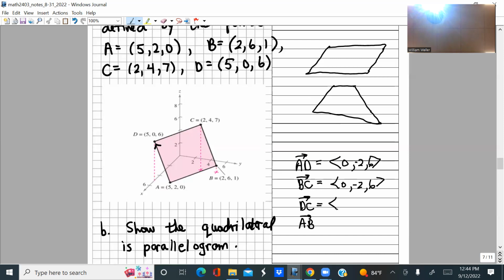So what is that vector from D to C? Is that -3, 4, and 1? And this one, is that the same? -3 and 4 and 1. Yeah, right. So those vectors are also identical.